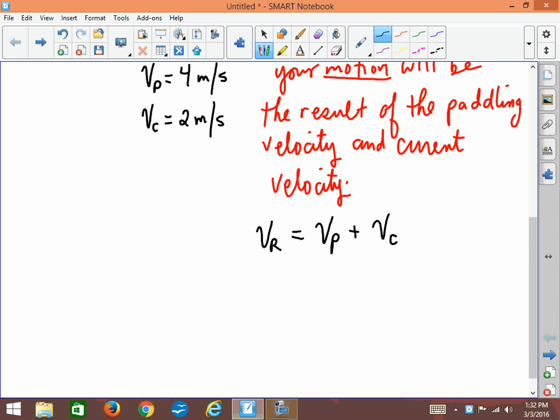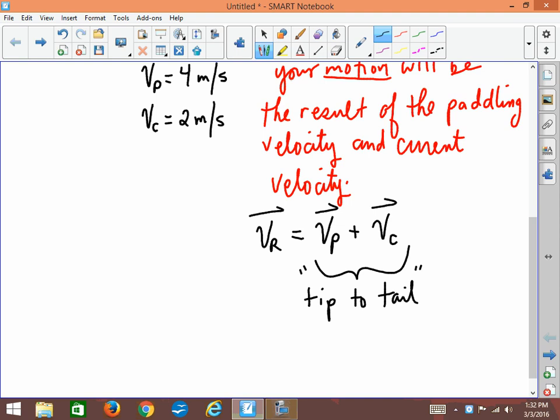But we have to remember that these are velocity vectors. And so it would be easy to think that you could just add up 4 and 2 and say the answer is 6, but that's not true because of the direction part. So when we want to add these vectors together, we have to do it using the vector addition method, tip to tail, like we learned the other day.